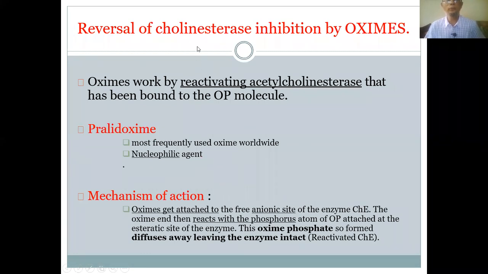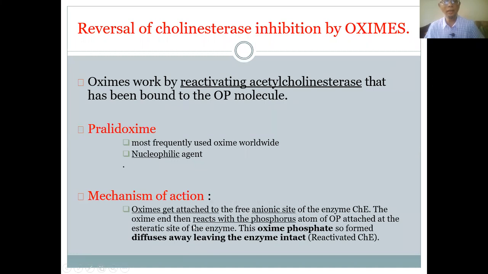Now coming to the reversal of cholinesterase inhibition by oximes. Oximes work by reactivating the acetylcholinesterase enzyme that has been bound to the organophosphate molecule. The most commonly used drug is pralidoxime, and it is a nucleophilic agent. Mechanism of action: the oxime gets attached to the free anionic site of the enzyme cholinesterase.